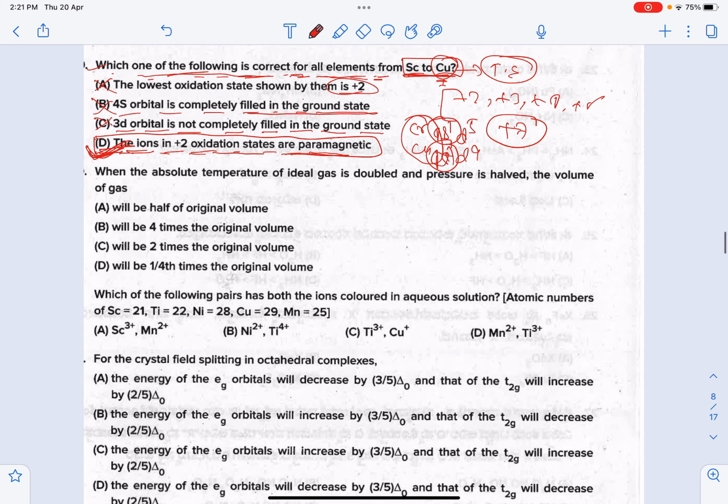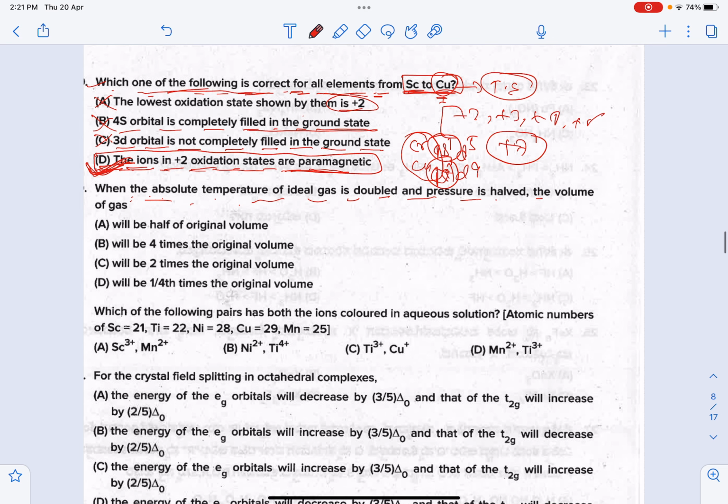Next question: when the absolute temperature of an ideal gas is doubled and pressure is halved, what happens to the volume of the gas? As you know, the formula of the ideal gas is PV equals nRT.